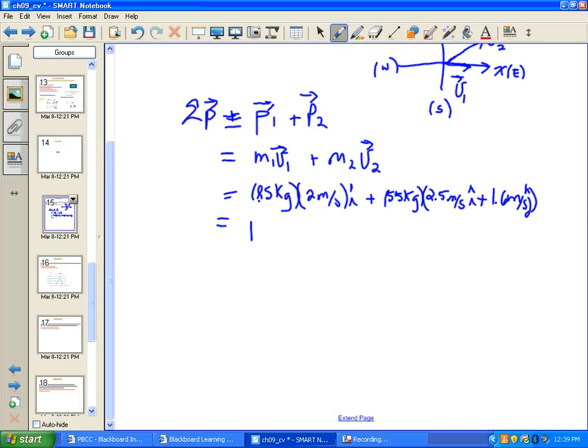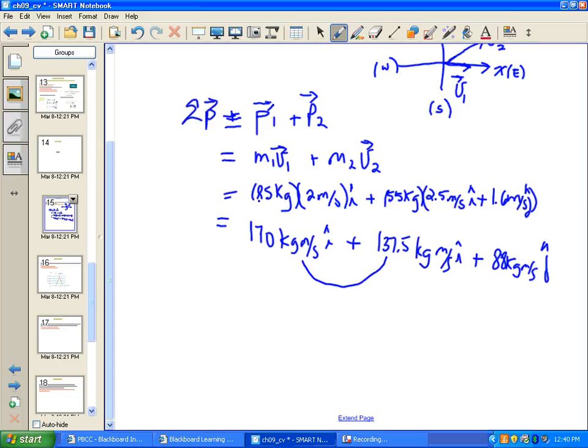In the first term, we get 170 kilogram meters per second I-hat plus 137.5 kilogram meters per second I-hat plus 88 kilogram meters per second J-hat.